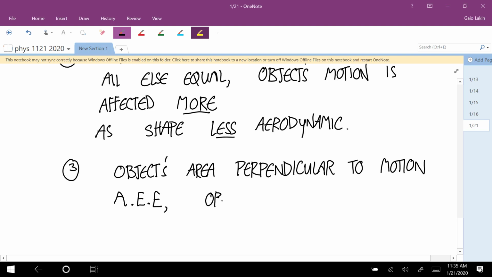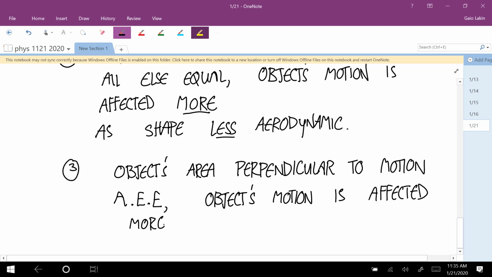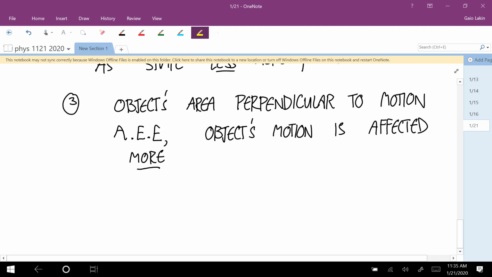An object's motion is affected more as that area increases.